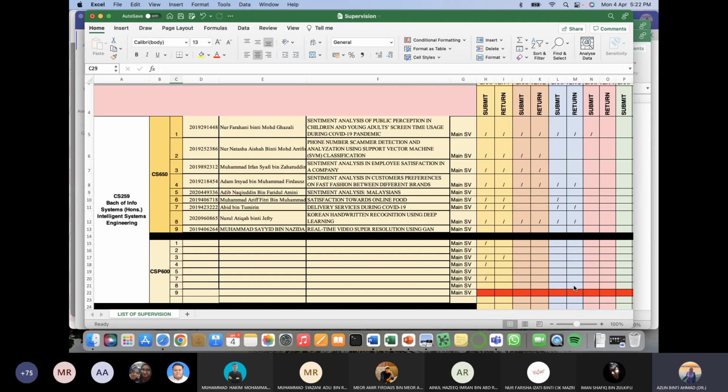For those who want to do development using machine learning, you can do predictive analytics. Maybe for those who can finish modelling quickly and want to extend to prescriptive analytics, even better. But if you feel, I just want to do predictive, okay fine, do predictive analytics.